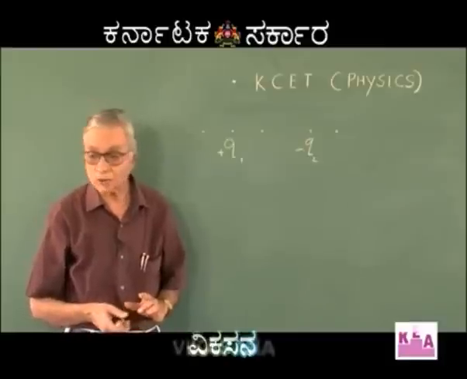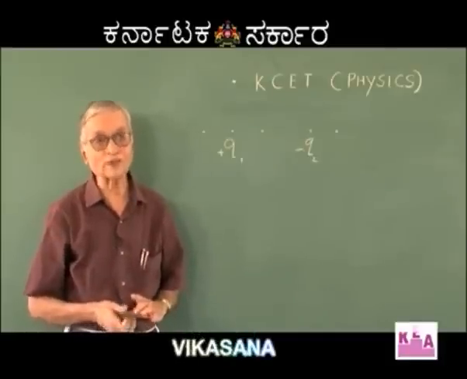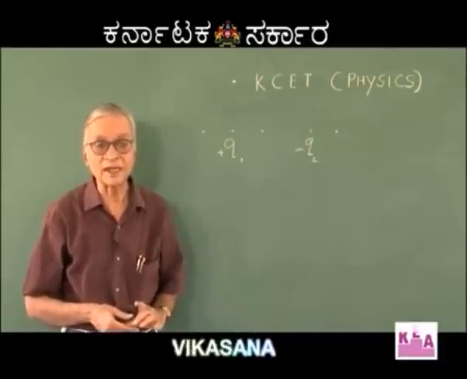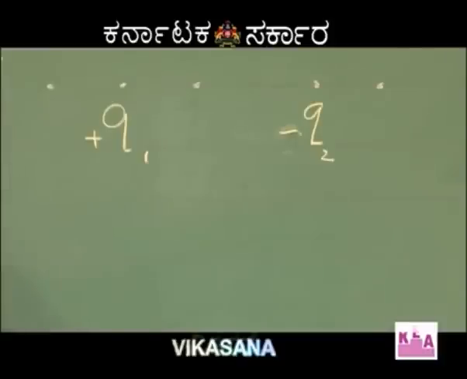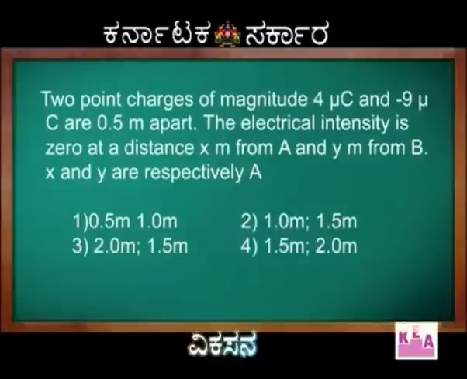With this idea to guide us, I will take one question to illustrate the idea that I have told you. I will read the question. Two point charges of magnitude 4 microcoulomb and minus 9 microcoulomb are 0.5 meter apart.